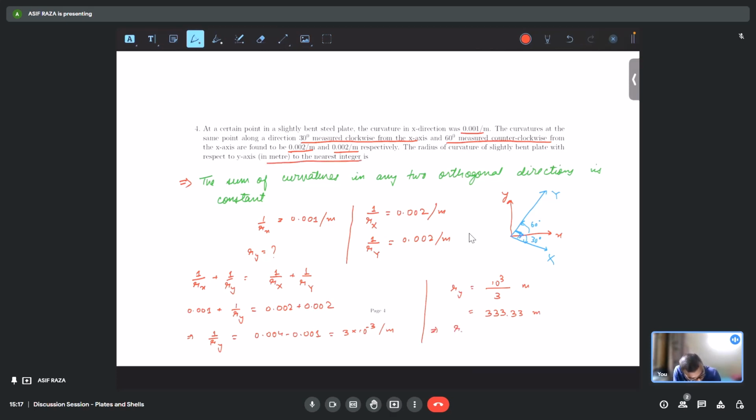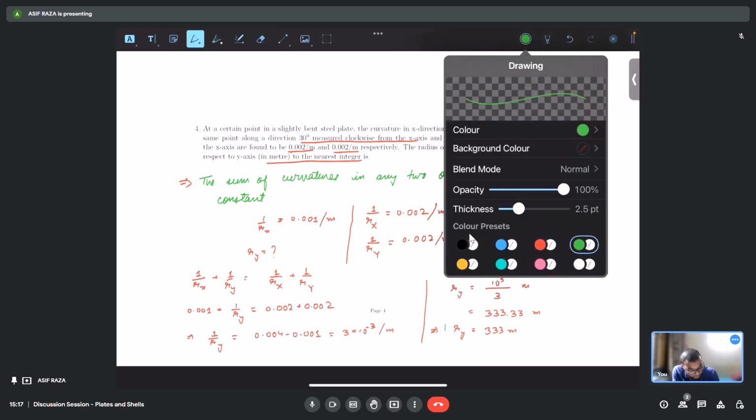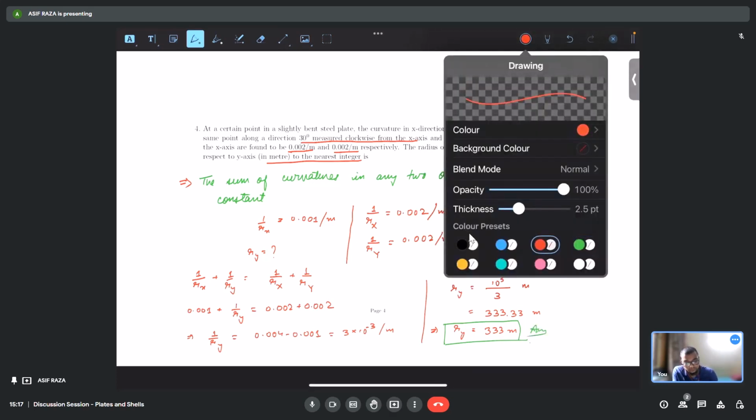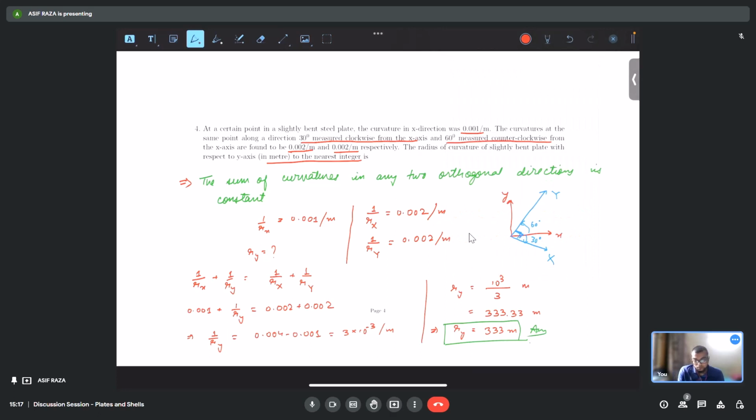So Ry would be equal to 333 meter. So this is my answer. The radius of curvature of the slightly bent plate with respect to y-axis is equal to 333 meter.